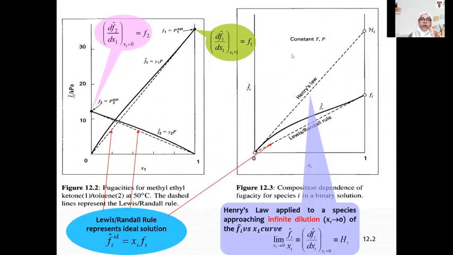By using that data, when plotting fugacity against composition, we have two curves. The first is based on component 1, and the second is based on component 2. You can see that from this data we can go until x1 equals 1, which means x2 equals 0, for the straight line. The dotted straight line is for the ideal solution that follows the Lewis-Randall rule.